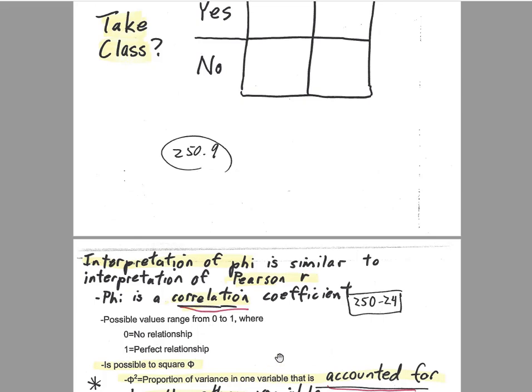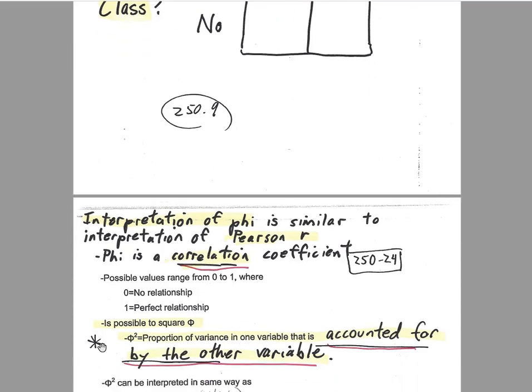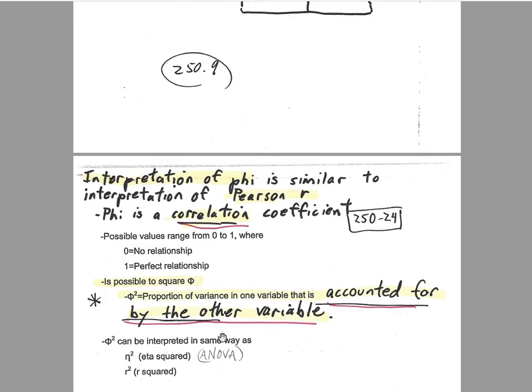In fact, we can even square the Phi coefficient and interpret the resulting squared coefficient in a similar way. Phi squared represents the proportion of variance in one variable that's accounted for by the other variable. Yes, we can interpret Phi squared the same way that we would interpret eta squared in analysis of variance, or r squared with the Pearson correlation coefficient.